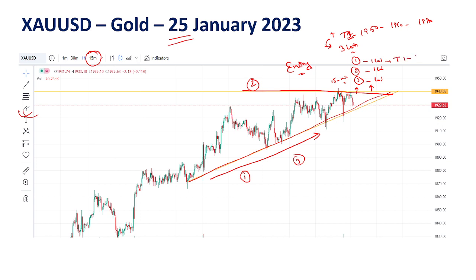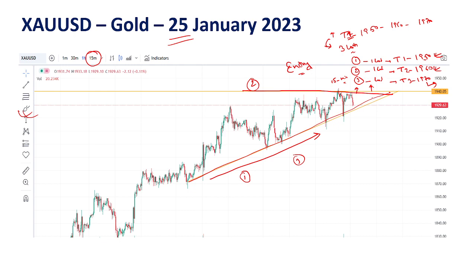Here I will set my first target of 1950, the second target at 1960, and the third target at 1970. When target 1 is achieved, this will get closed. When target 2 is achieved, this will get closed. And then I will wait for target 3 with trailing stop loss only.